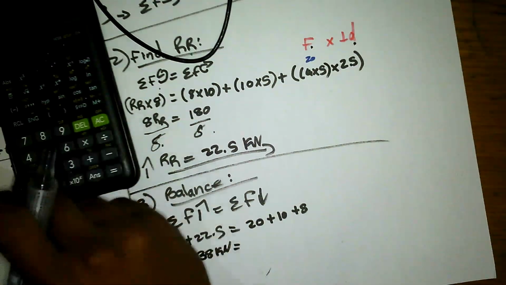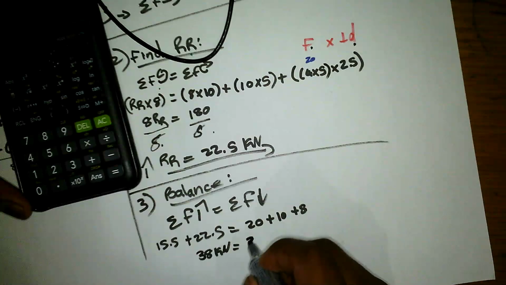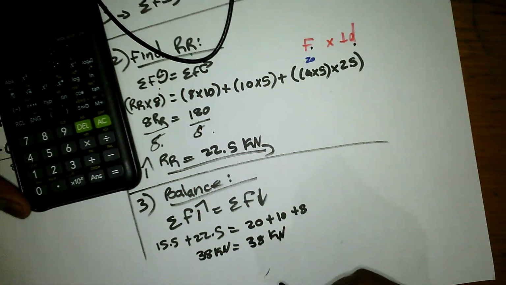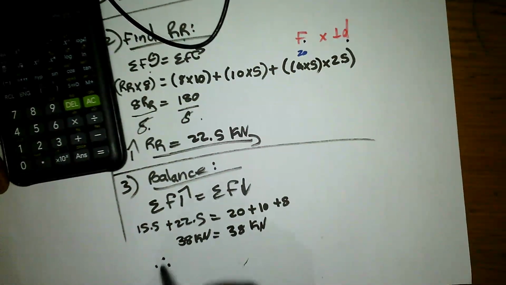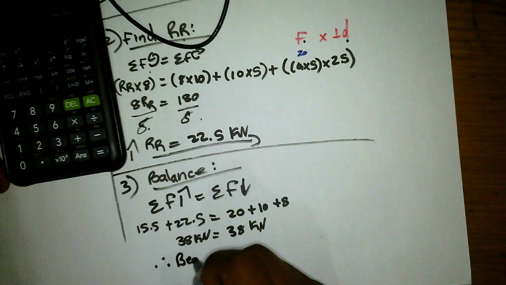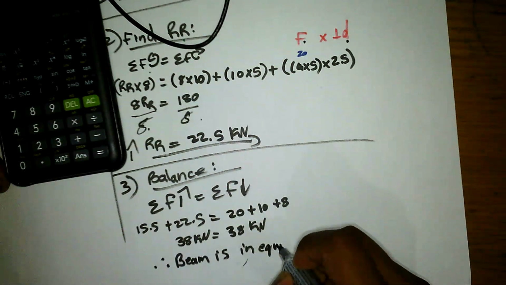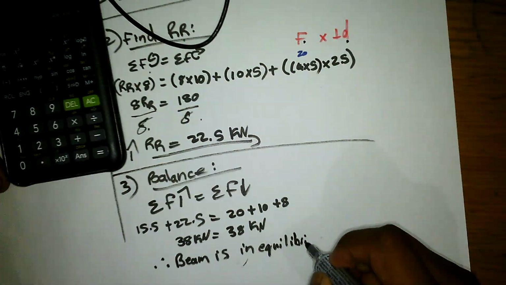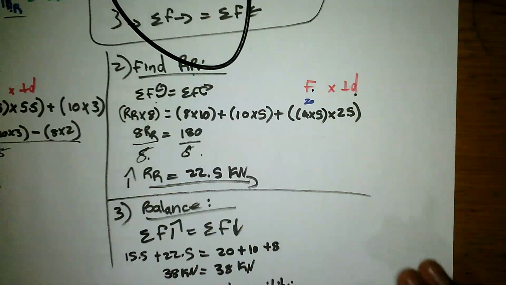So 20 plus 10 plus 8 is giving us 38 kilonewtons. Beautiful, balanced. Now we say, therefore, beam is in equilibrium. And there we go. There we have it, guys.